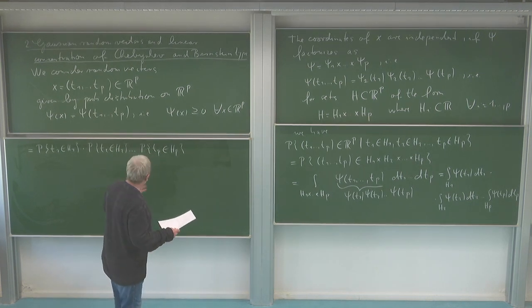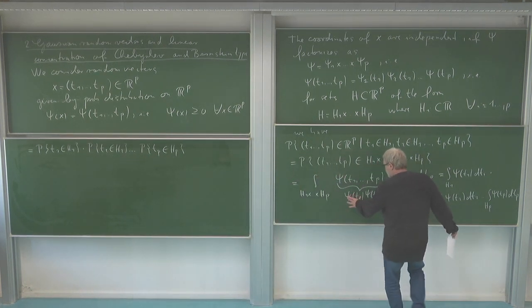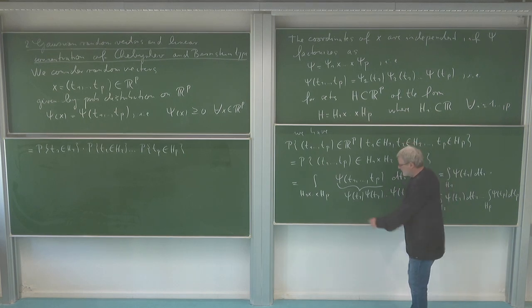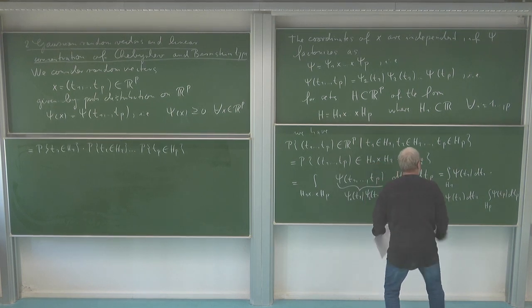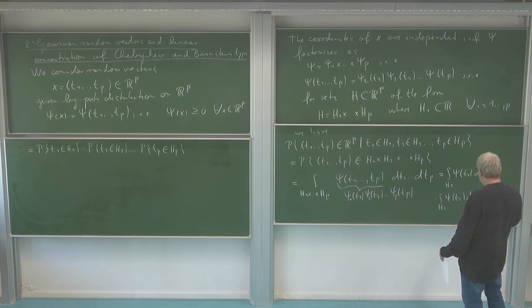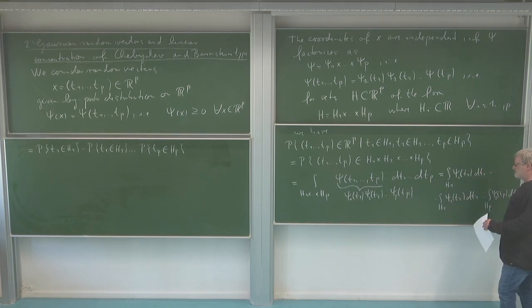In particular, if I'm integrating over the whole of R, then of course I also get 1, the total probability. Actually this should be psi 1, psi 2, psi p, so in this factorization they all have indices.